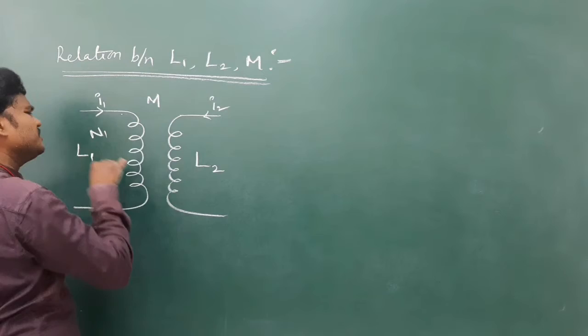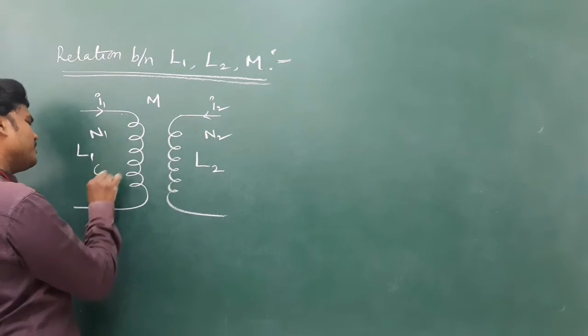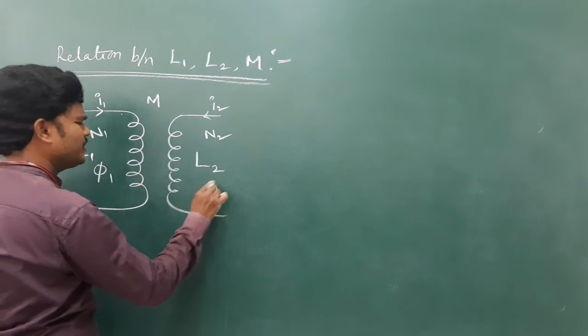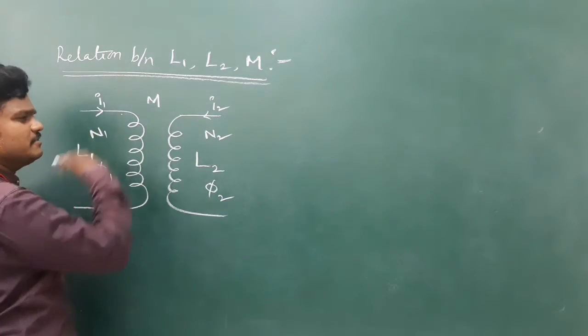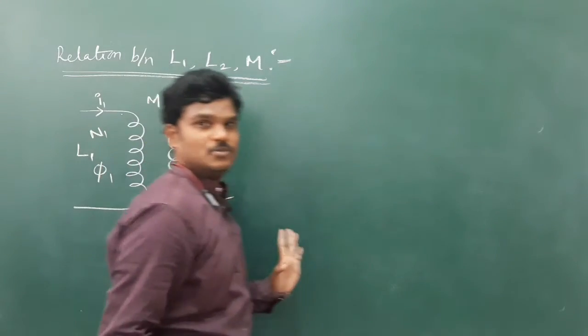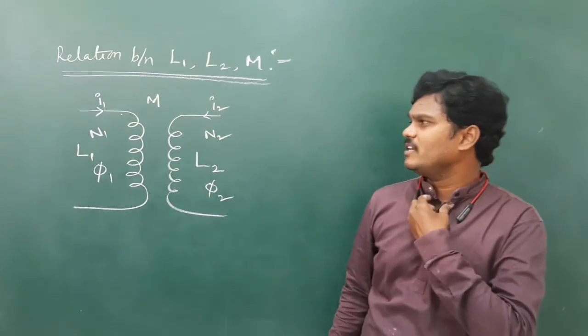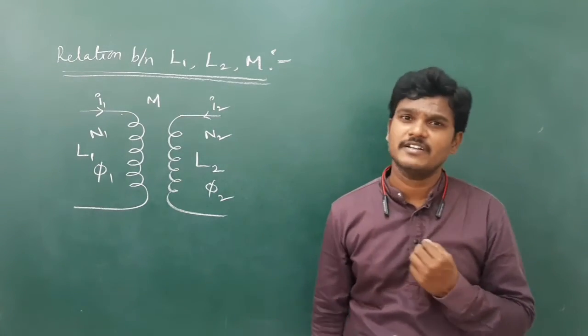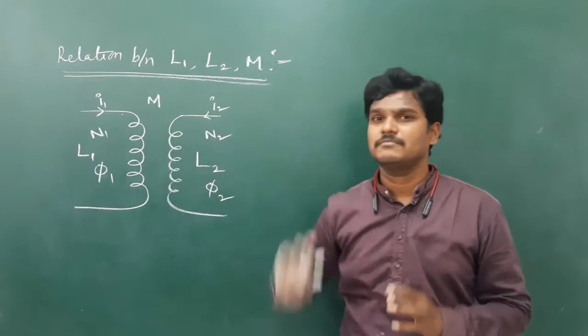N1 is the number of turns, N2 is the number of turns. Phi 1 is the flux, phi 2 is the flux. EMF is E1, EMF is E2. They have given all these things: N1, N2, L1, L2, everything. Now let us get the relation between L1, L2 and M.